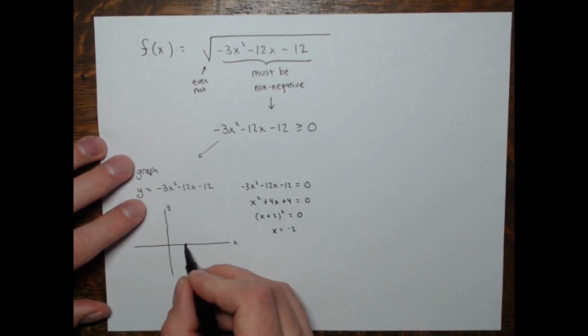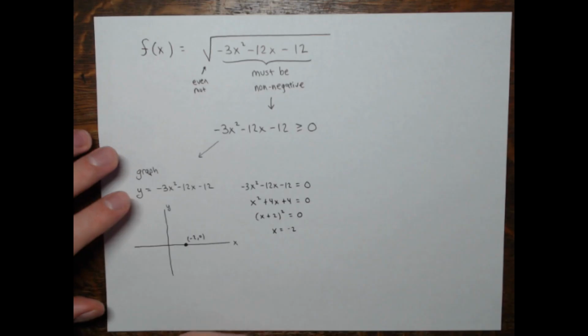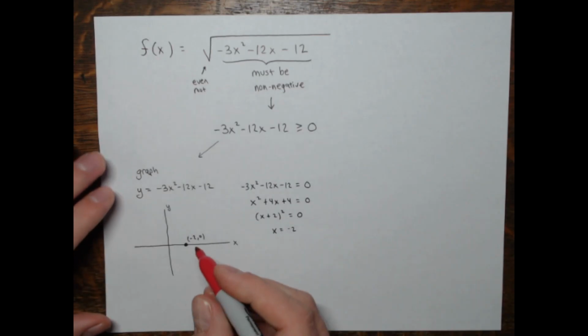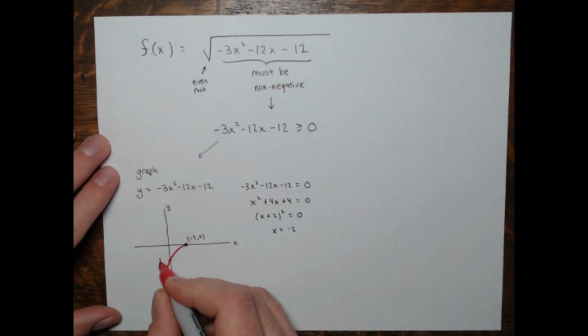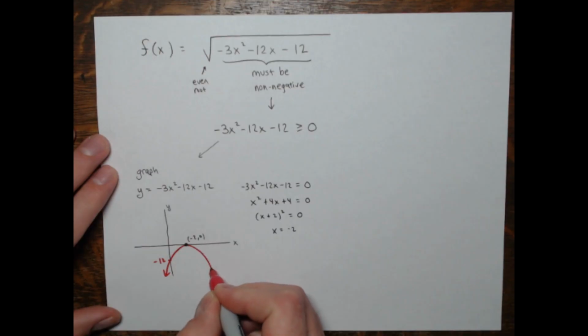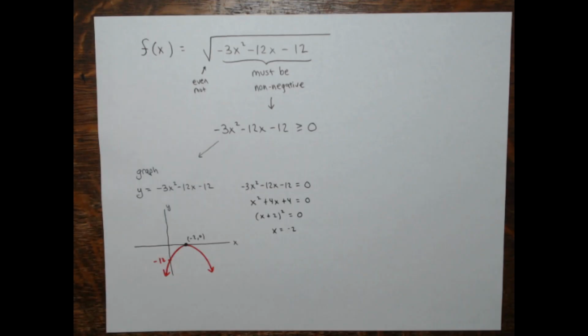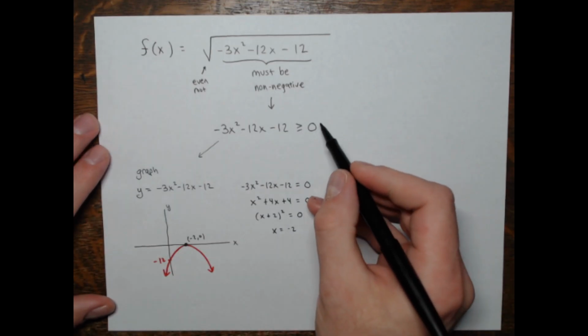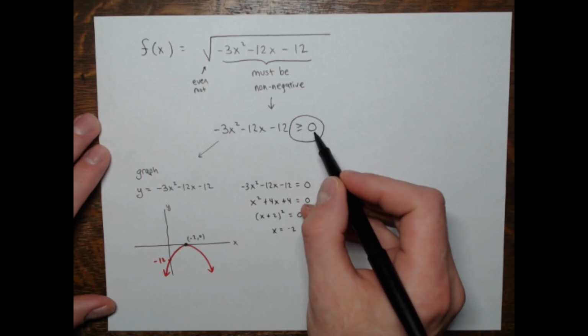So it's negative 2. You got the point negative 2, 0. And it would be a parabola opening down. So you got 0, negative 12 would be the y-intercept. And that would be the vertex, right? Remember when there's only one x-intercept. So we're trying to find values where this is greater than or equal to 0.